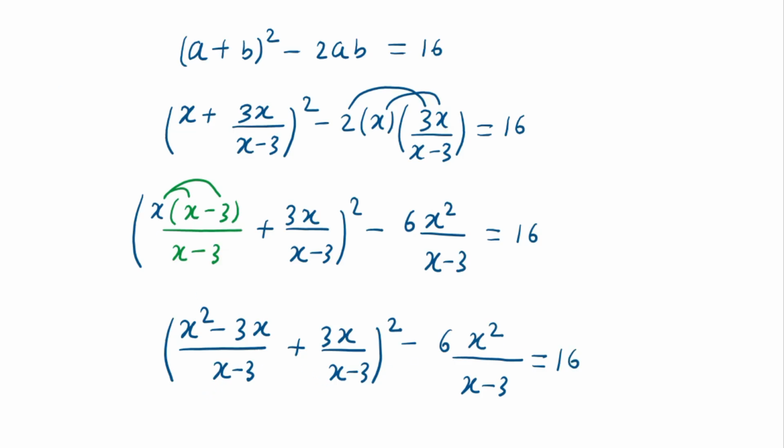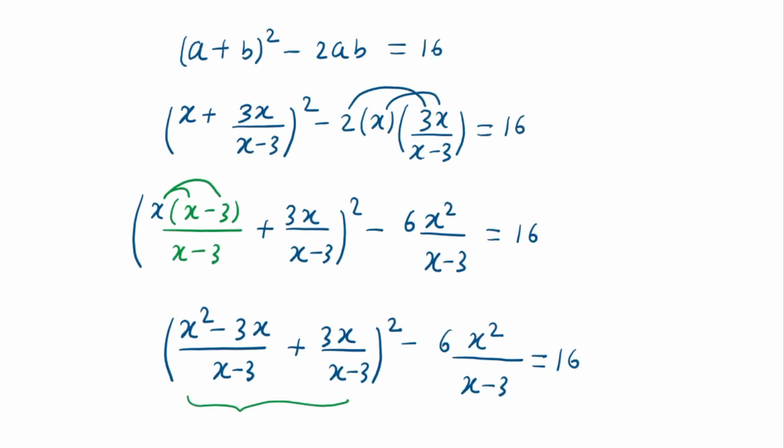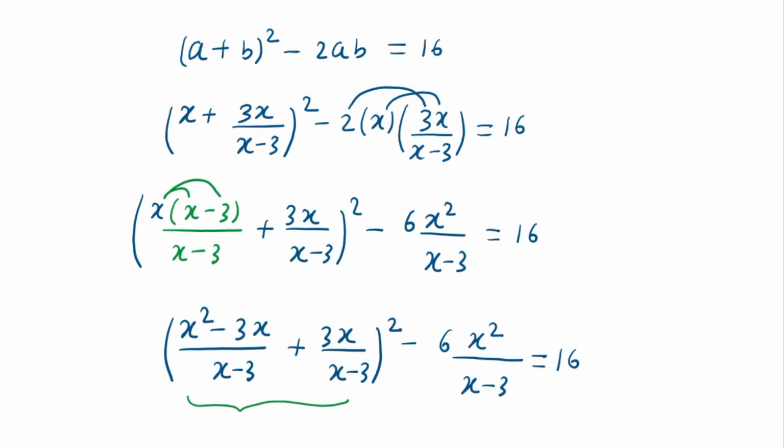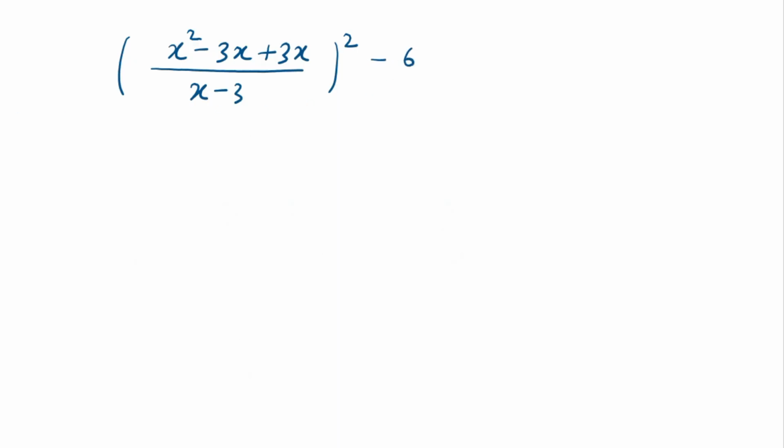Look carefully inside the bracket. Here this is like a fraction, so the common denominator is x − 3, and in the numerator x² − 3x + 3x, whole square, and minus 6x²/(x−3), and this is equal to 16.